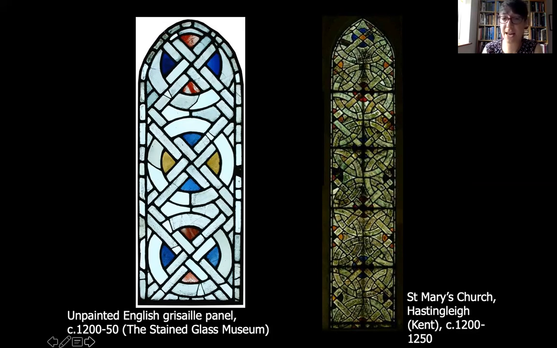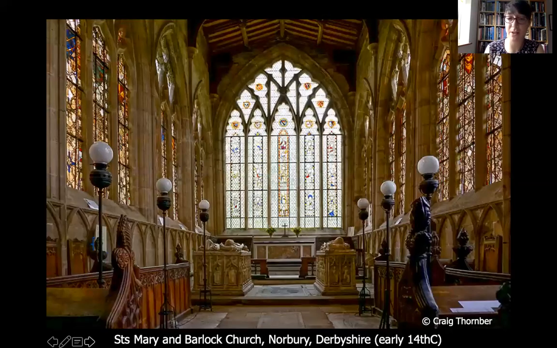There's a stunning example of the use of Grisaille glass at the Parish Church in Norbury, Derbyshire, which shows how Grisaille glass, this predominantly clear glass, let in a lot more light into the churches. And here in the 14th century, this had a very practical function. It also highlighted the architecture around and flooded the chancel with light.